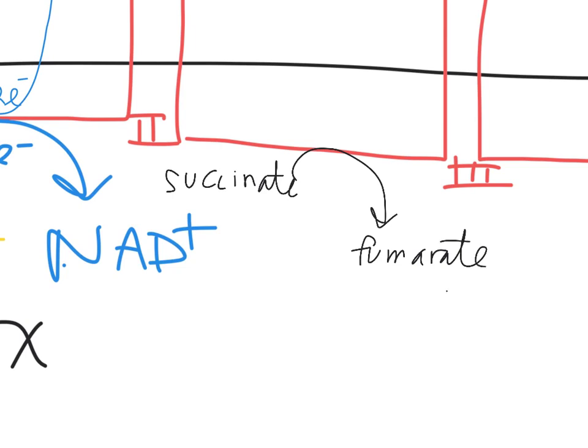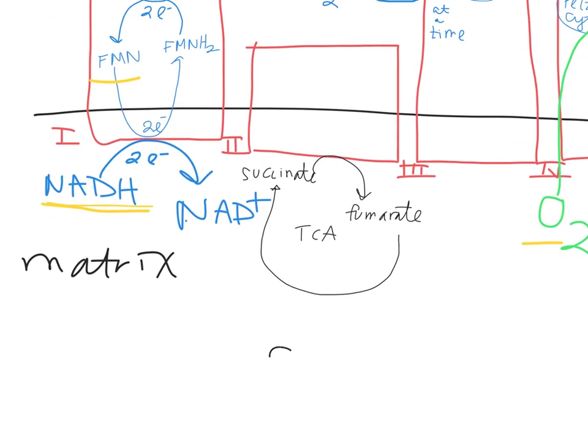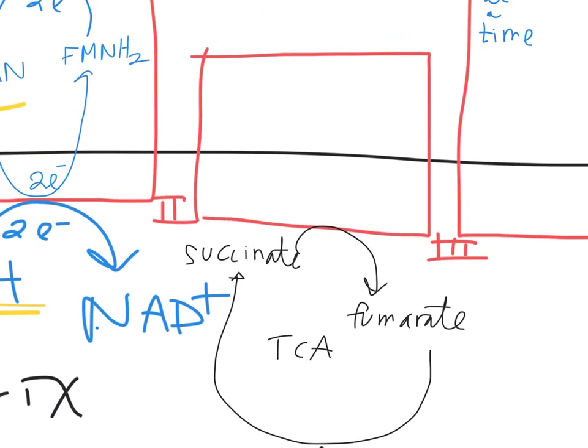Okay, so if I were to draw this, I could draw a big circle here, and this would be the TCA cycle. And this would be where acetyl-CoA comes in, up here. Okay, succinate to fumarate is the step where FADH2 is generated, and it turns out that the 2 electrons from succinate, so succinate is oxidized to fumarate, while FAD is reduced to FADH2.